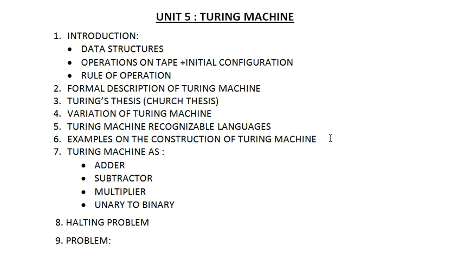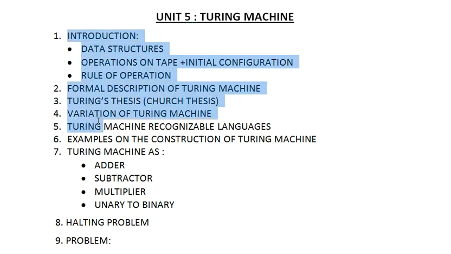These are the few parts that we'll be discussing. These are completely theoretical topics, the basic theoretical knowledge you should have about the Turing machine, where we will learn about the various kinds of data structures used. This is a comparison of the data structures we use from finite state machine to Turing machine. We should know the initial configuration of a Turing machine, and we must be aware of the operations performed on the tape used in a Turing machine.